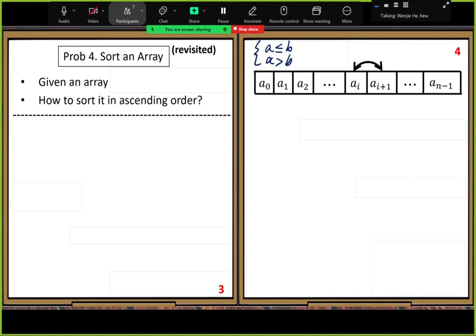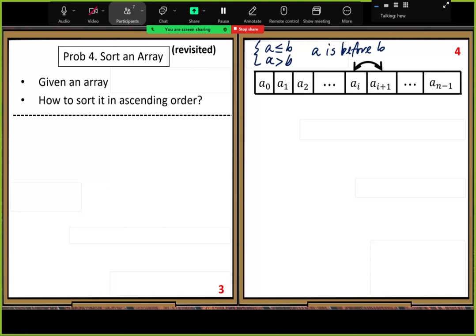So let's say, at the beginning, the location, A in front of B, all right? Because two elements in the array, they have their locations, right? So let's assume A is before B. When you go through from left to right, you see A first, then you see B, okay?